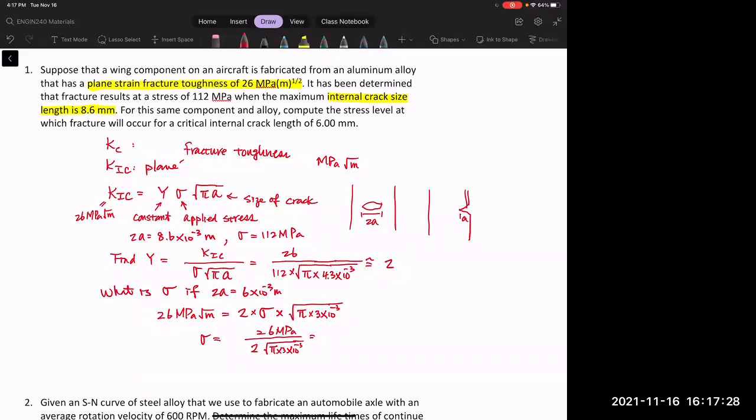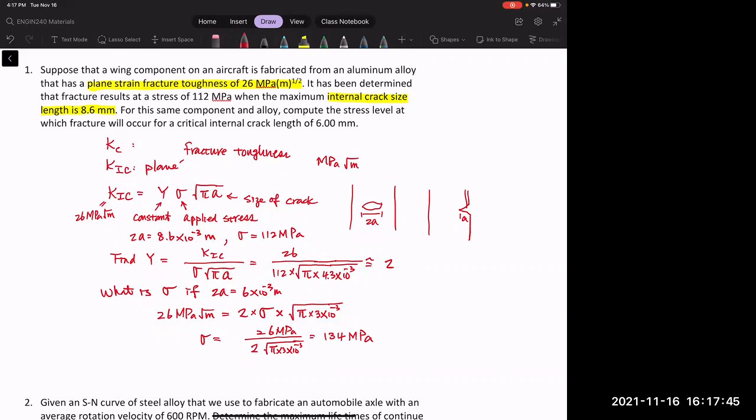Okay, so I got 134. So that result turns out to be 134. So that's how you do this kind of calculation.